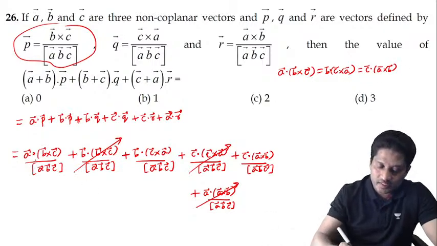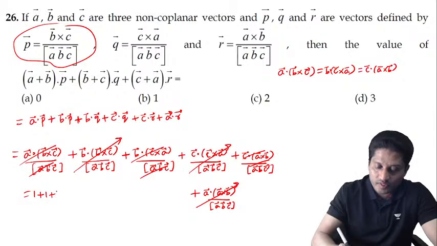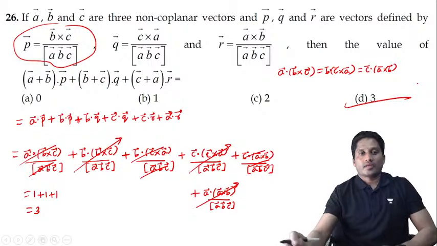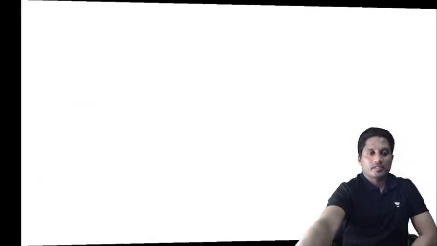This means that this will cancel, this will cancel and this will cancel. You will get 1 plus 1 plus 1. Answer will be equal to plus 3. Answer is D. Right, let's move to the next question.